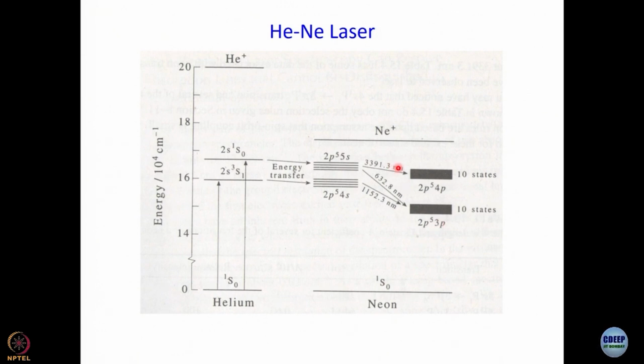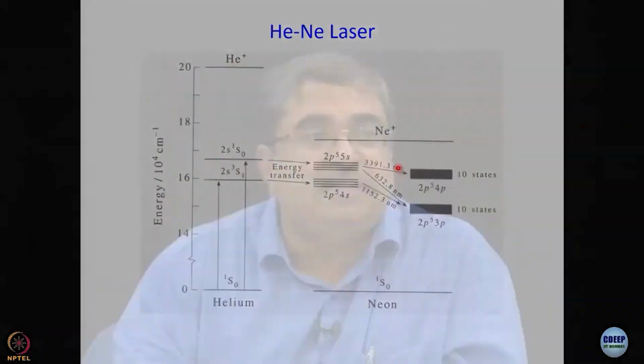Also, there is something else. For the lower levels, this radiative transition is not all that favored. The transition moment integral does not have a very large value. So it is, to be honest, a serendipity that this helium neon mixture has all these properties that allow us to make a laser out of them.